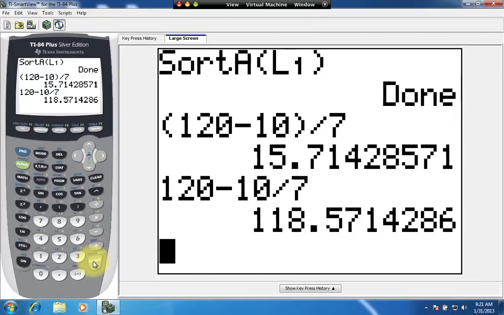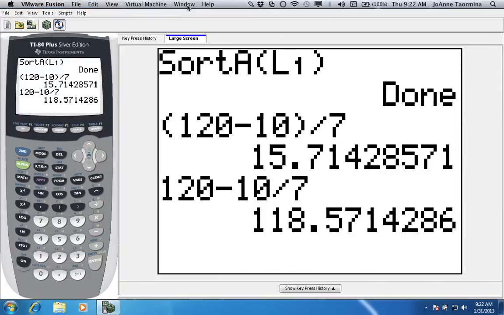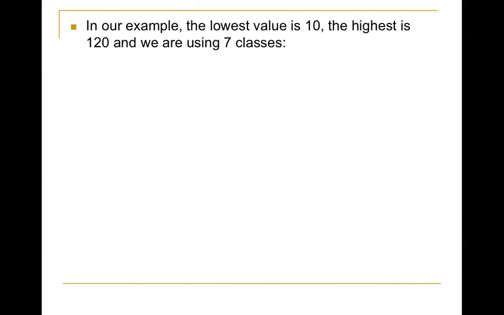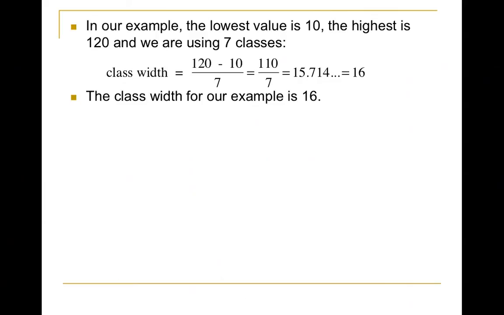We wanted to do the numerator first, which is why we wrapped it in parentheses, and then divide by 7. So our correct answer is 15.7. It's 0.7128571. We are just going to take that 15 and go up to the next whole number. So that's going to bring us to 16. So the class width for our example is 16.